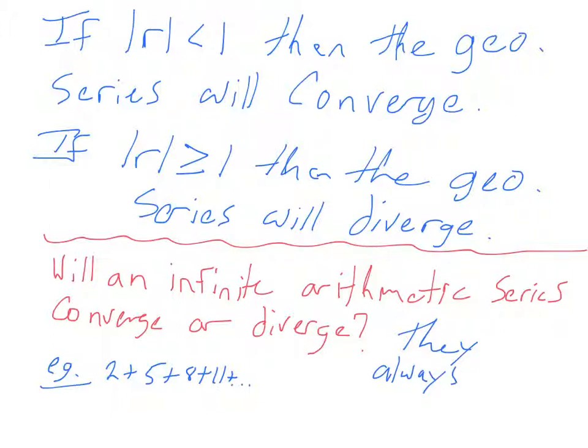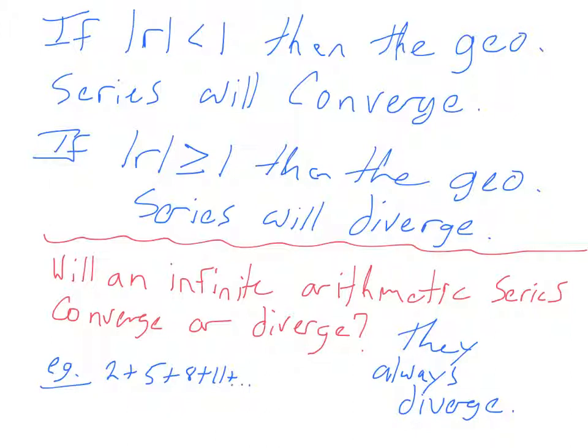Because they always diverge, no matter what type of arithmetic series you're talking about, it's kind of boring to talk about their convergence or divergence. Whereas geometric series can actually potentially converge, which is more interesting than just having the series always diverge. Whether any other type of series will converge or diverge really depends on the series.